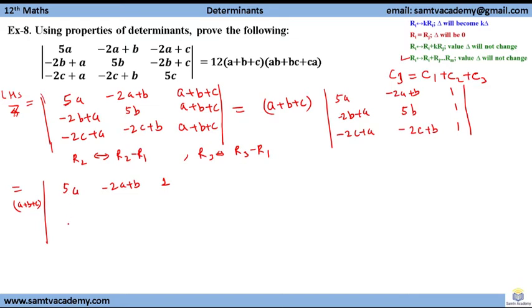So here you will get minus 2b, minus 2b, minus 4a. Similarly here, r2: 5b minus 2a, will get plus 2a minus b, that is 4b.